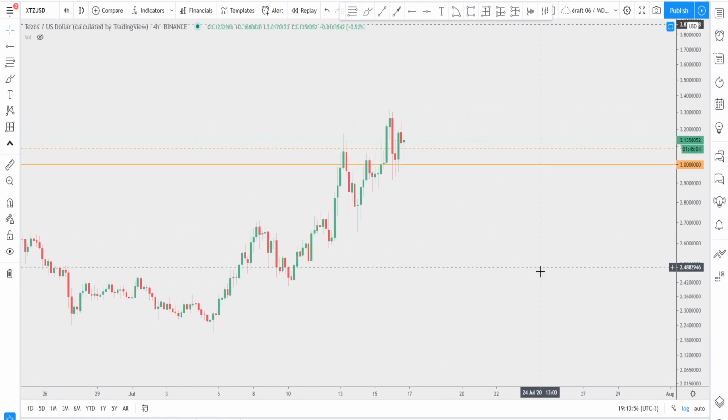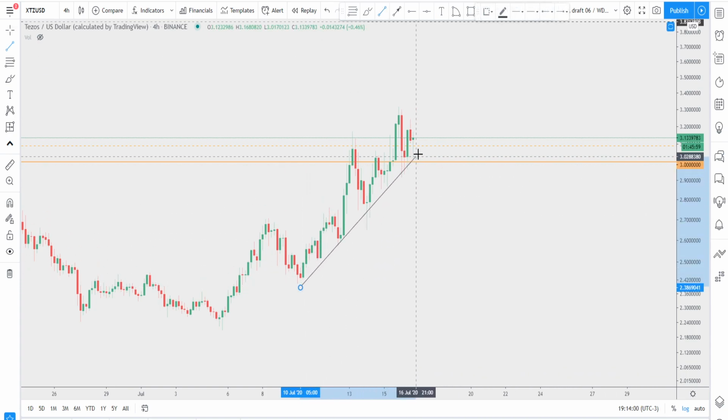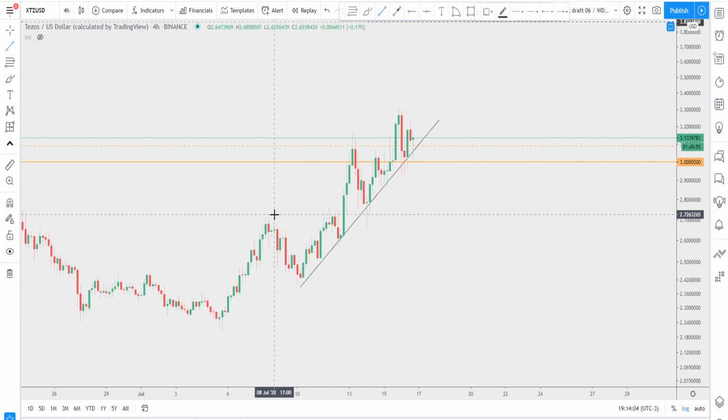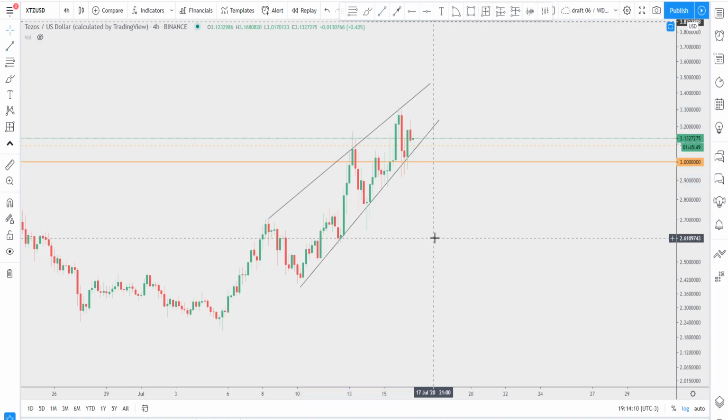So this is not a rising wedge. Just a moment. Okay, so it's not clear because the tails are far away from the bodies in the bottom.